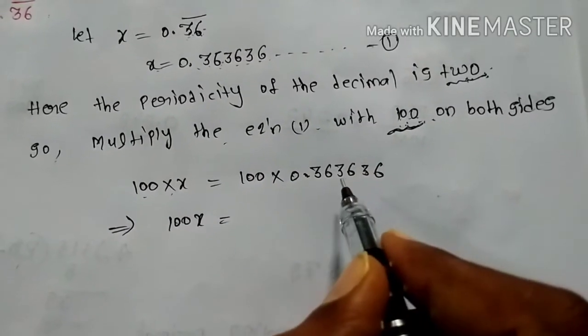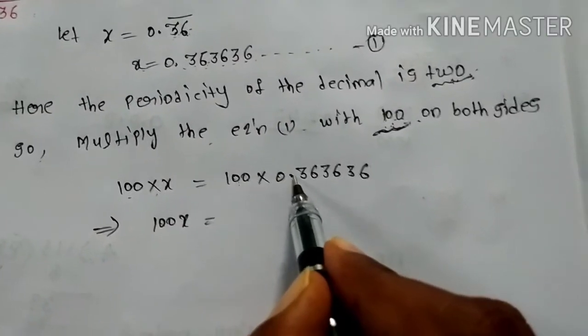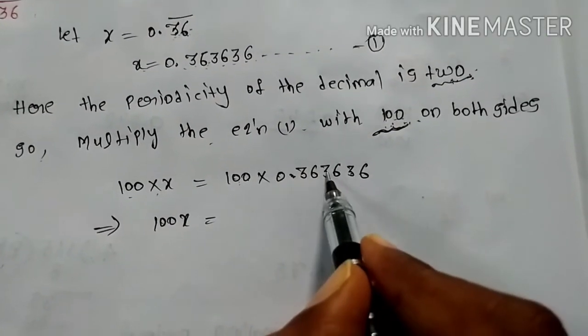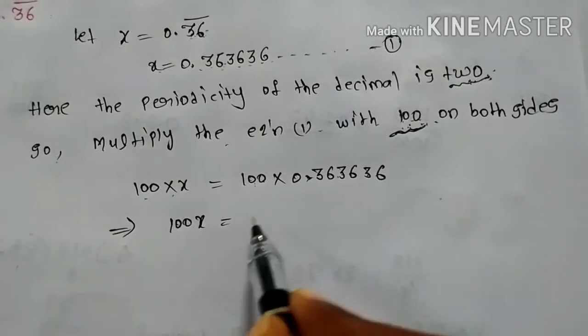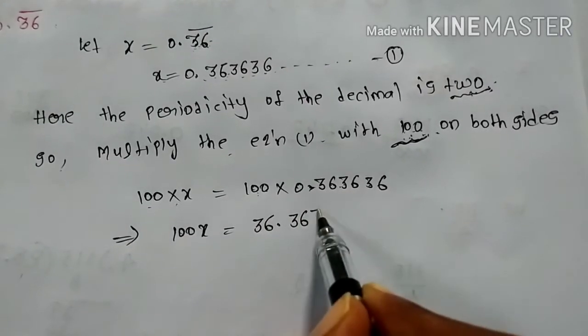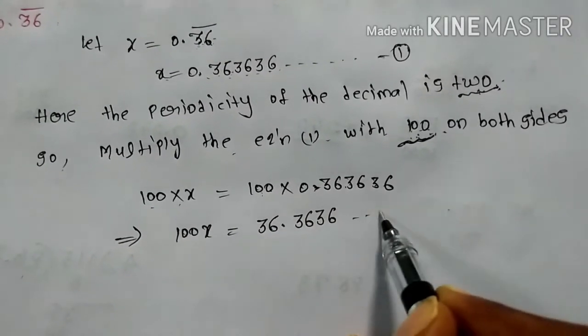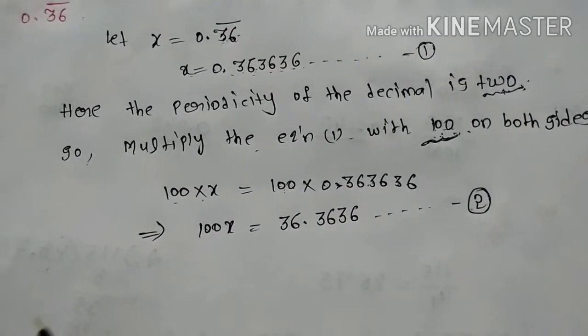How many places will it move? Here how many zeros? 2 zeros. So it will move 2 places to the right side. That means this decimal point will move to here. That means I can write 36.3636 and so on. You can take this as equation 2.